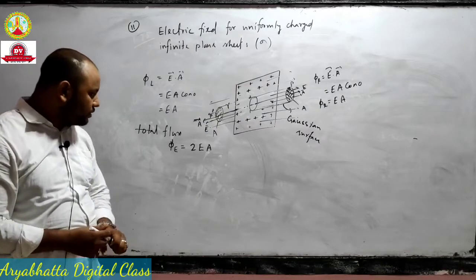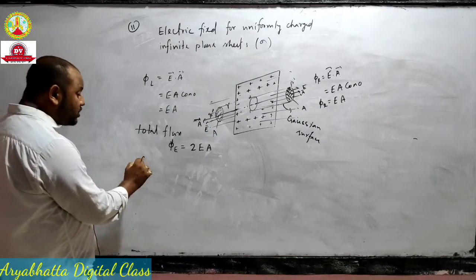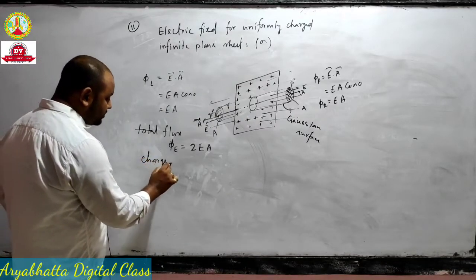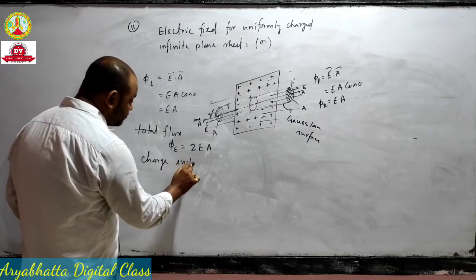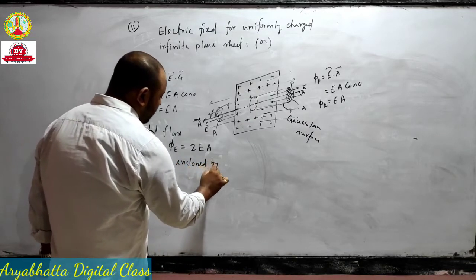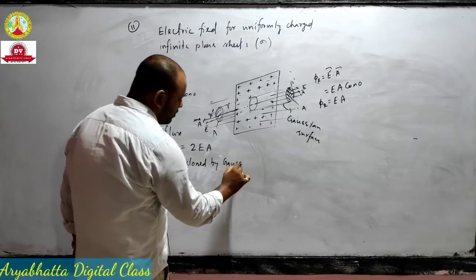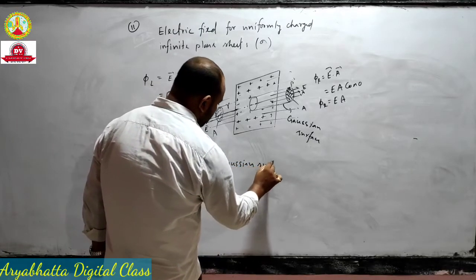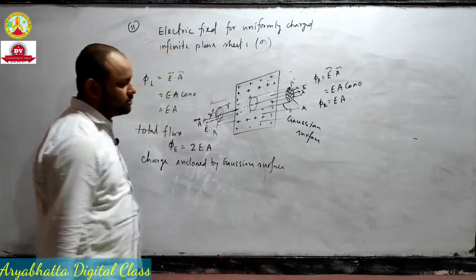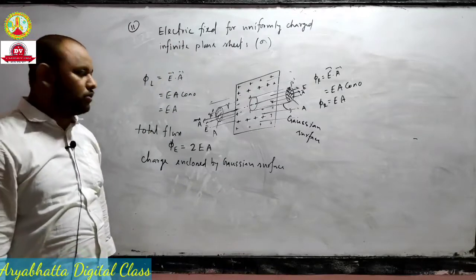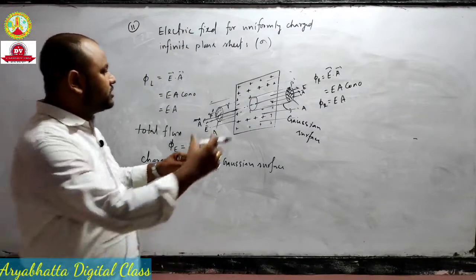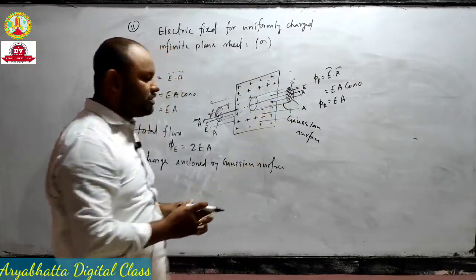Then the charge enclosed by the Gaussian surface. This cylindrical surface is the Gaussian surface.